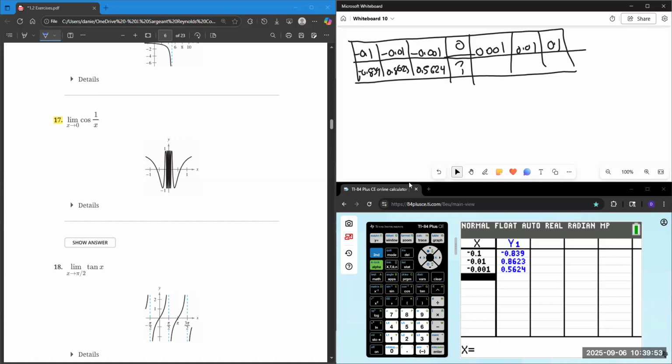So I'm really not discerning any pattern here. Let's just see from the right. It's even, so it should have the same numbers. And so I'm going to say that the limit does not exist because of oscillating behavior.